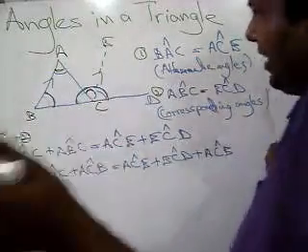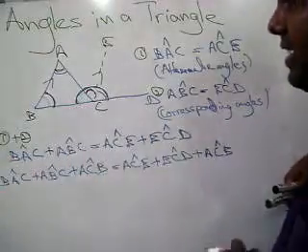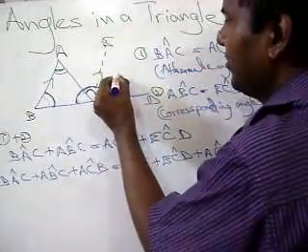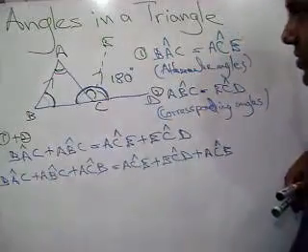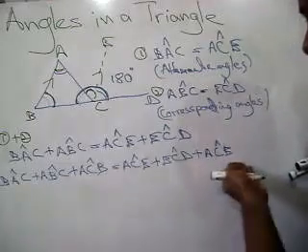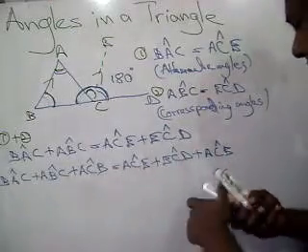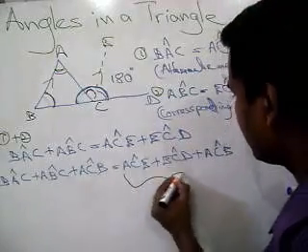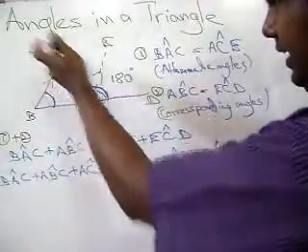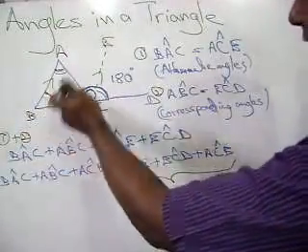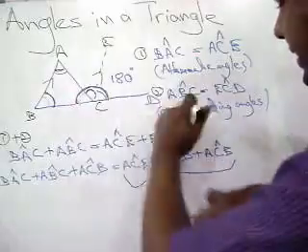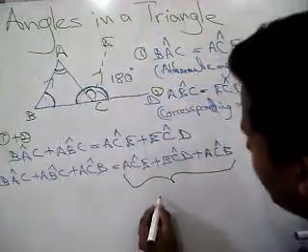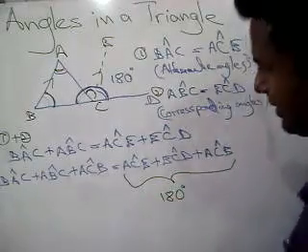So, if you remember what I mentioned earlier, the total of adjacent angles in a straight line is 180 degrees. So this part of the equation is actually equal to 180 degrees. So let me write that. So we have ACB, ACE and ECD, which are adjacent angles on a straight line. So this is 180 degrees.